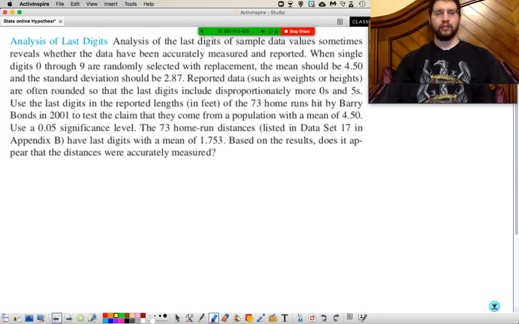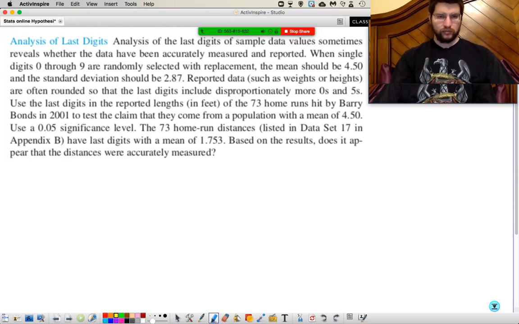Use the last digits in the reported lengths of the 73 home runs hit by Barry Bonds in 2001 to test the claim that they come from a population with a mean of 4.50. Use a 0.05 significance level. These home runs have a mean of 1.753. Does it appear the distances were accurately measured, or did they round to nice numbers?